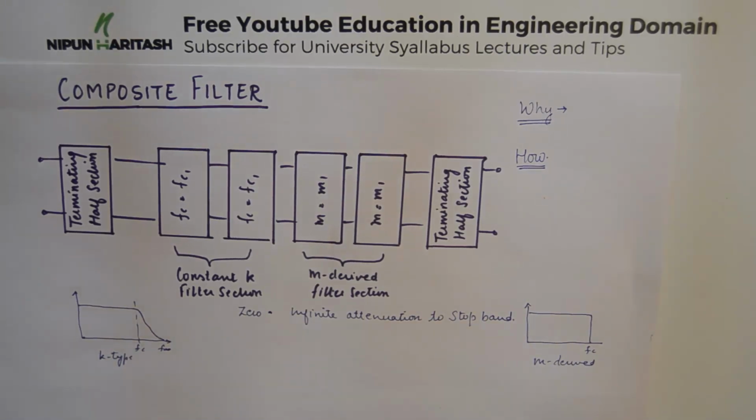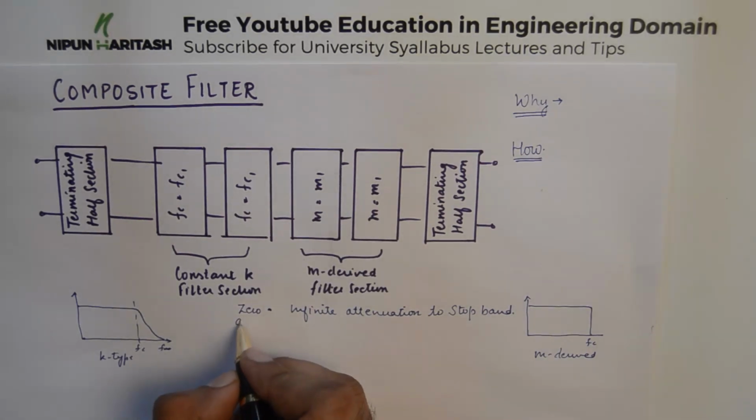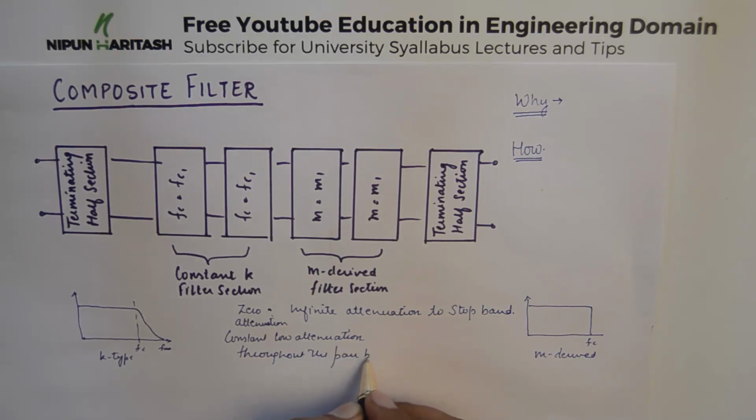We could achieve this in M derived filters, but the problem of zero attenuation, or as a matter of fact constant low attenuation throughout the pass band, was still not solved.